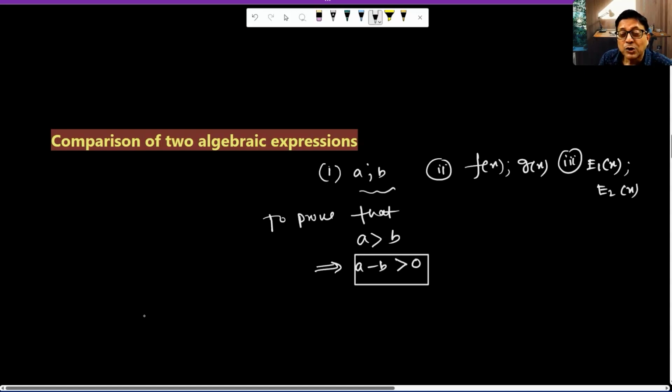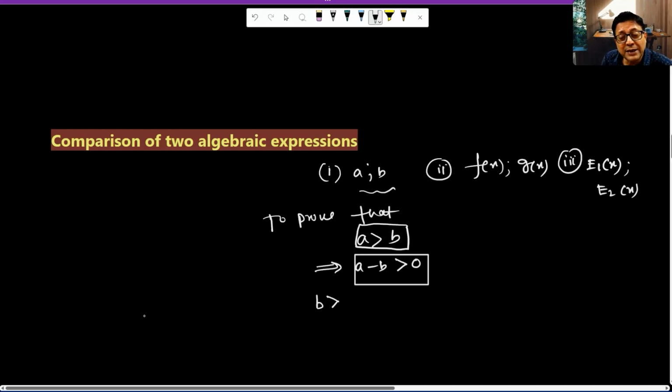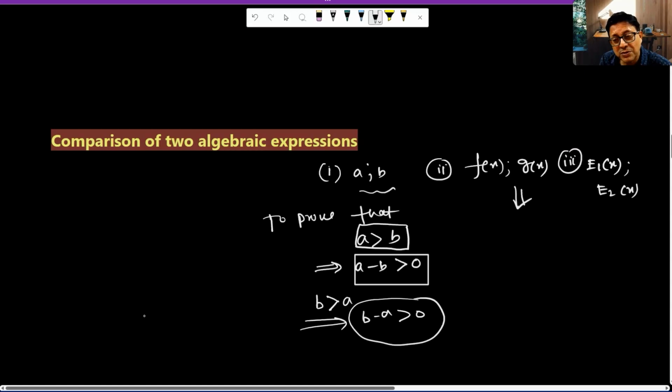Okay. So either you prove A greater than B directly or you prove A minus B greater than 0. Similarly, to prove B greater than A, it is enough to prove that B minus A greater than 0. This is the case for two functions also. f(x) greater than g(x) implies f(x) minus g(x) is greater than 0.